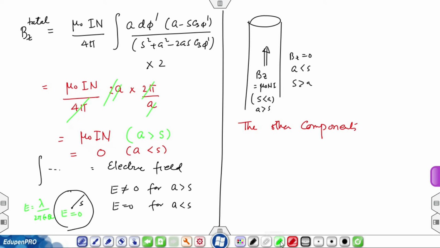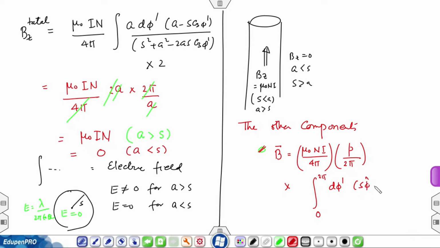For the other components, recall that I have only one expression left, and that is B, the component other than z, equal to mu naught n I over 4 pi, then I had a p over 2 pi, there is some other expression, and then I had the integral 0 to 2 pi d phi prime (s phi minus a phi prime) divided by (mod s minus s prime square plus z prime square) raised to 3 by 2, and there will be a dz prime, from minus infinity to infinity.